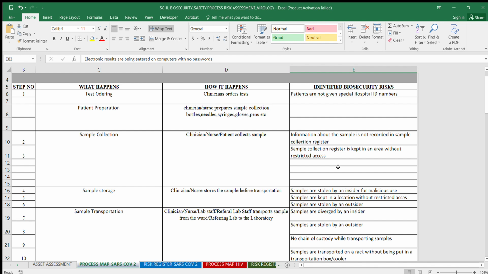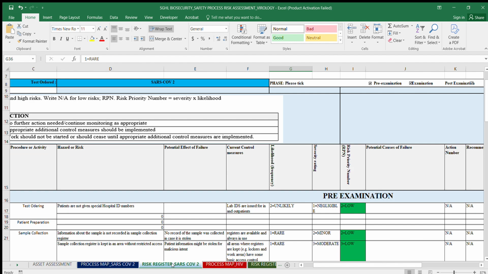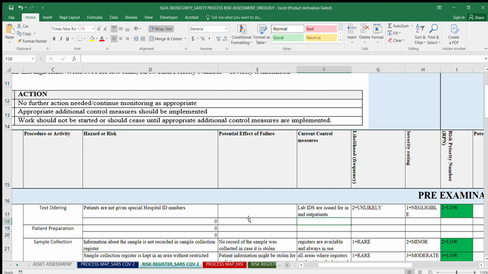So all these are biosecurity risks. Then after you identify them, all these risks are taken to your risk register. We already described how you identify the risks in the process map in the biosafety risk assessment session, so I will not explain in detail how to go about it.